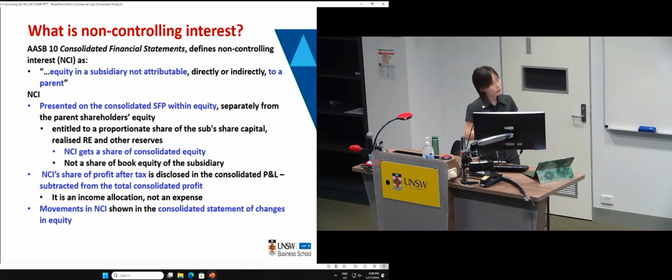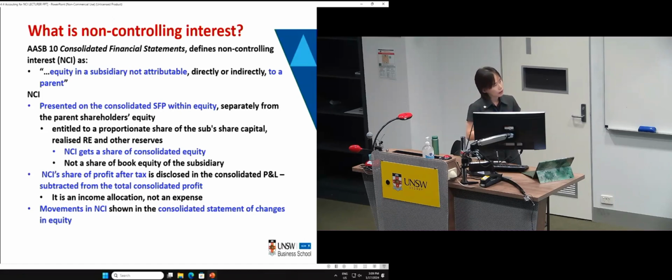So therefore, NCI does not simply get a share of the subsidiary's recorded equity, but gets a share of consolidated equity that is contributed by the subsidiary. In other words, NCI receives a share of the group equity, right? And that part of the equity is contributed by the subsidiary entity.